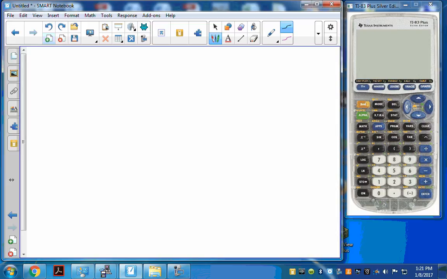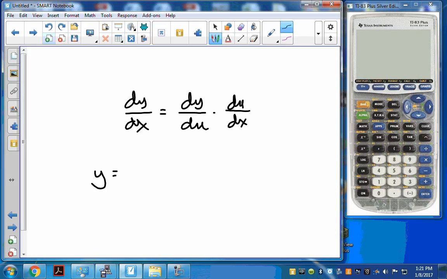We know dy dx. If you have that as dy du, the derivative with respect to the inside, you have to multiply that by du dx. A quick example: y is equal to the sine of 2x, as on the exam. And dy dx, well, this is the sine of something ugly.